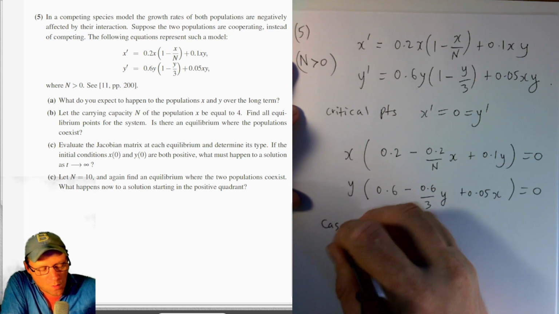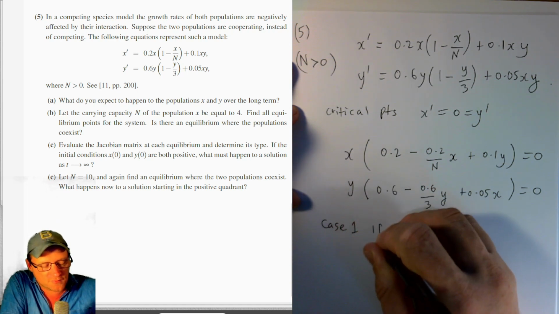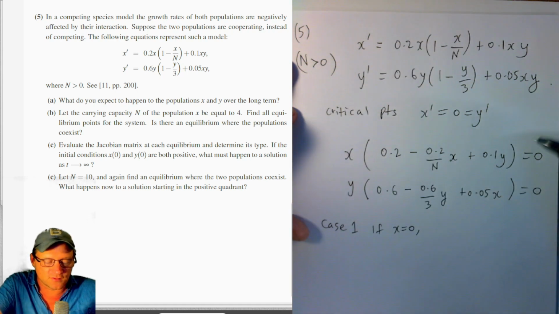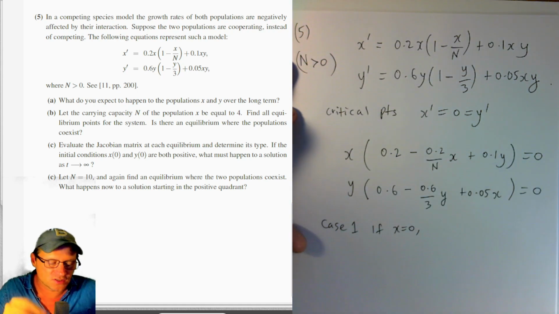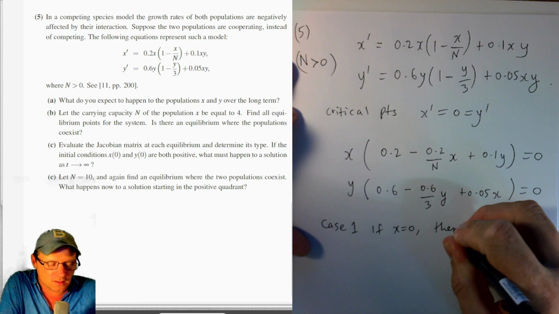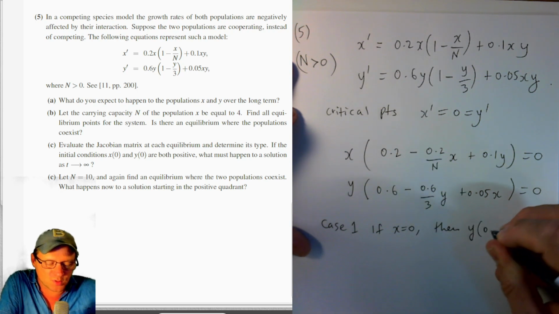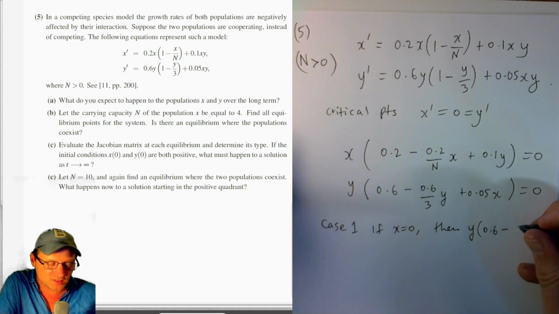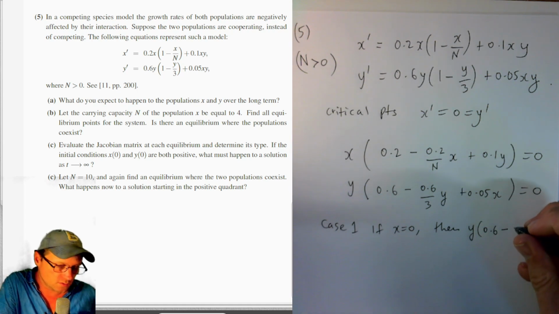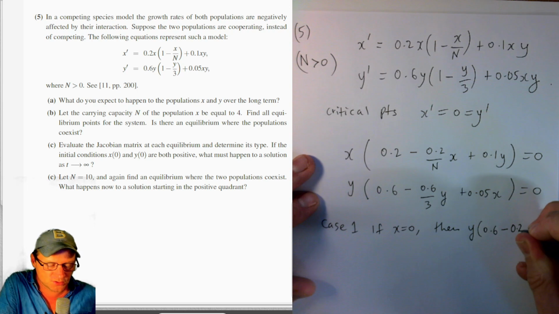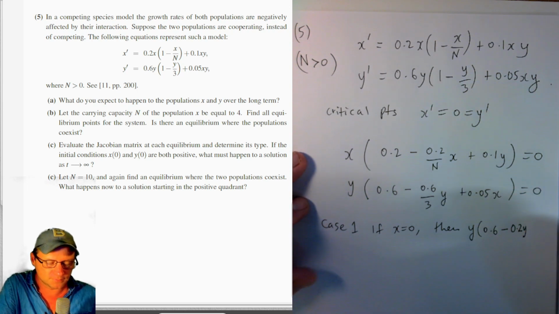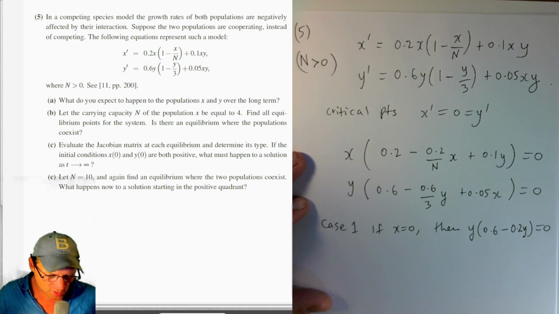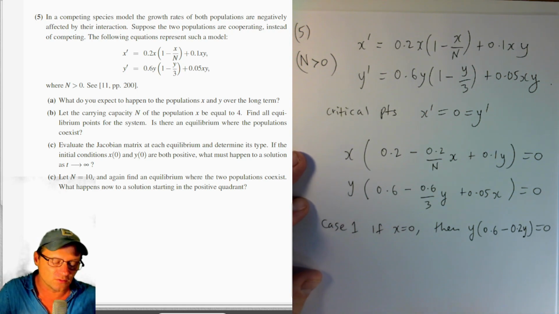So case 1, if X is equal to 0, then I would get 0 in the first equation, and subbing that into the second equation, then we have Y times 0.6 minus 0.6 over 3, which is 0.2 Y, and then 0 here, so this equals 0. So that shows us two possibilities for the Y when X is 0.